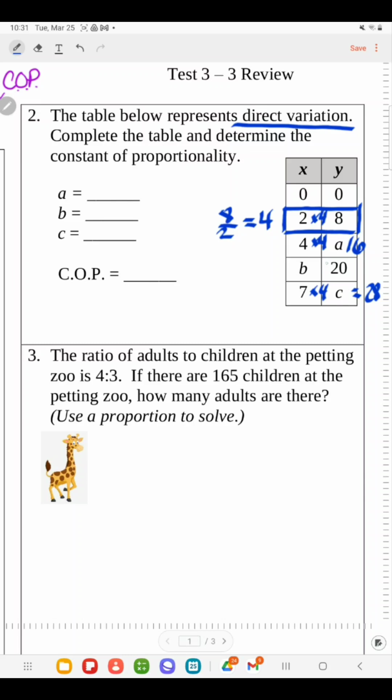And then this one, to go backwards, remember we're dividing. So this one's going to be 20 divided by 4, and that one's going to get you 5. So we have the COP, and A equals 16, B equals 5, and C equals 28.